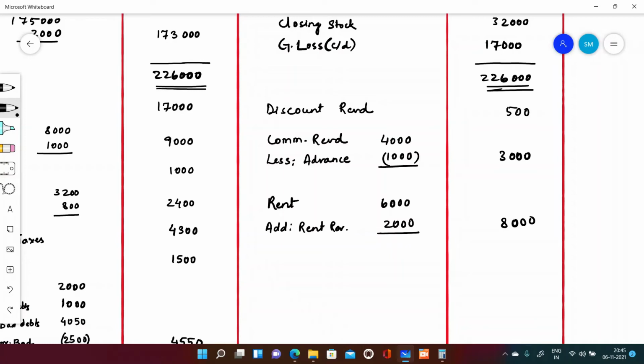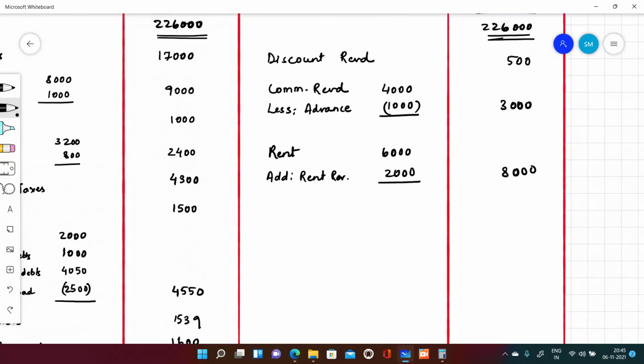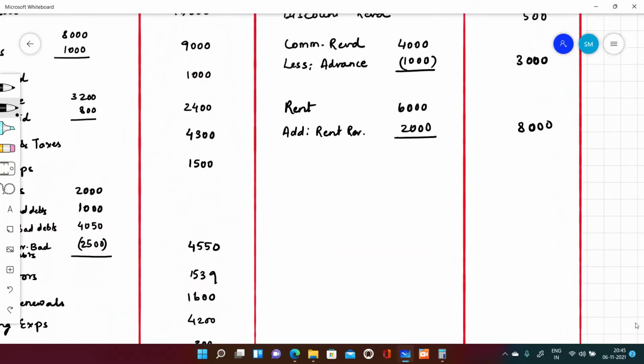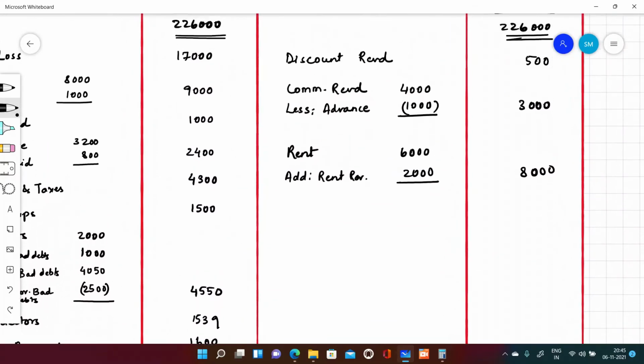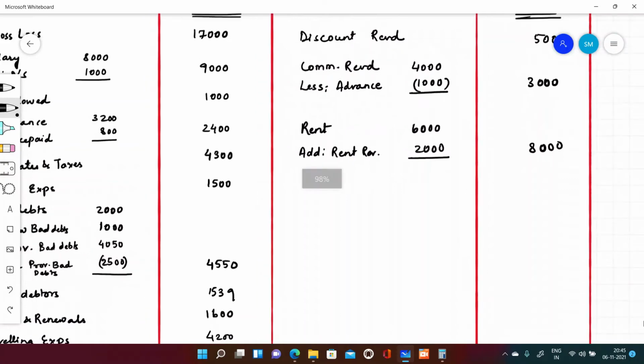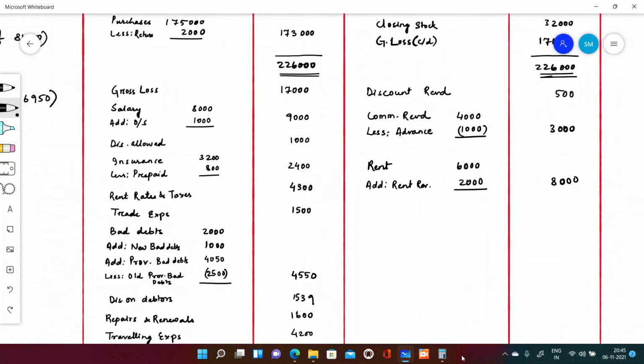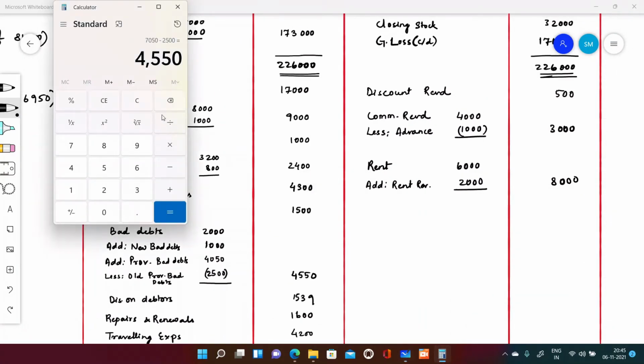Okay, now I will calculate both the sides, and again it seems that expense side is more than your income side, so again it will be your net loss. So let me calculate the whole, how much I am getting.